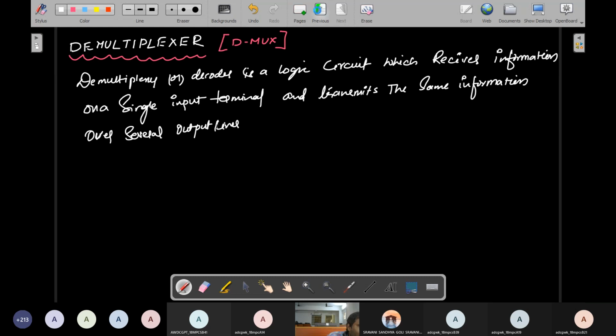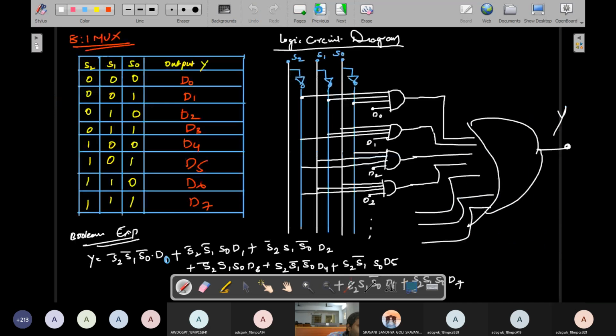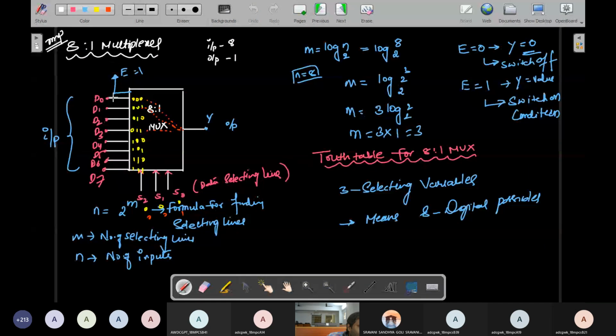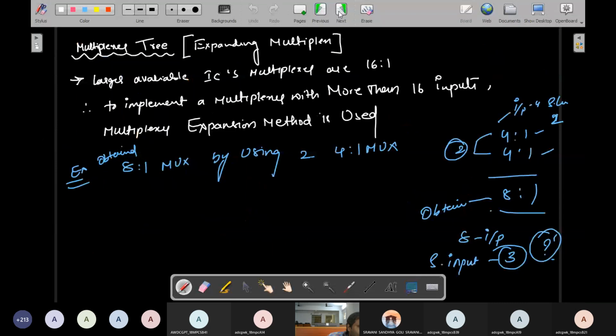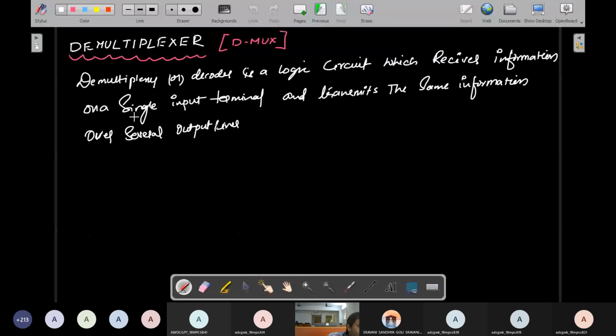In a multiplexer, we studied several inputs and only one output. But in a demultiplexer, we have several outputs and only a single input. So that is the theory. This is the definition of the demultiplexer.